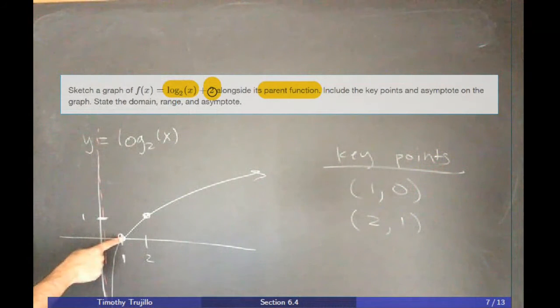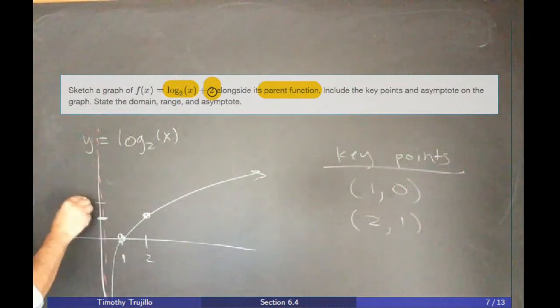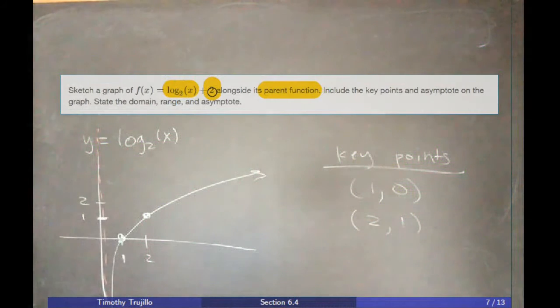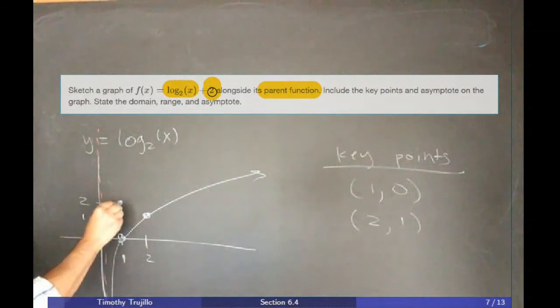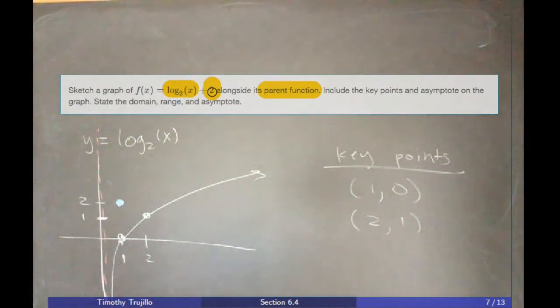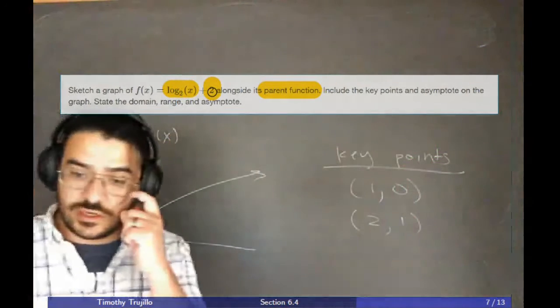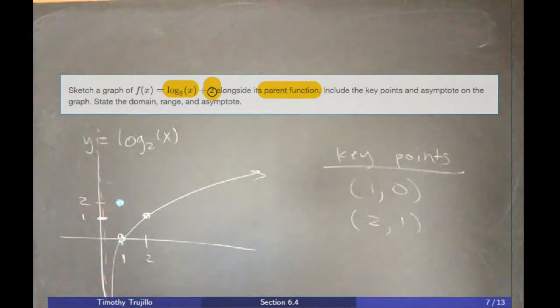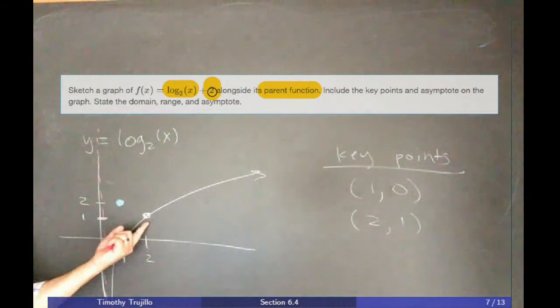So this y value is 0, and when I increase it by 2, I get up to 1 and then 2. Right? So this point gets moved up to the point 1, 2. Okay, that's the new key point for our shifted function. And then this point here at 2, 1 gets shifted to where?